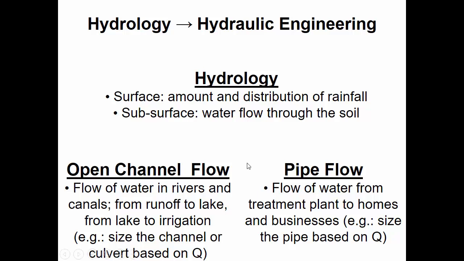And so the water is either going to go into an open pipe, an open channel, or in some cases the pipes are pressurized with runoff from storms. But pipe flow, if it's open to the atmosphere, like if the pipe isn't full all the way to the top, then it behaves as an open channel.